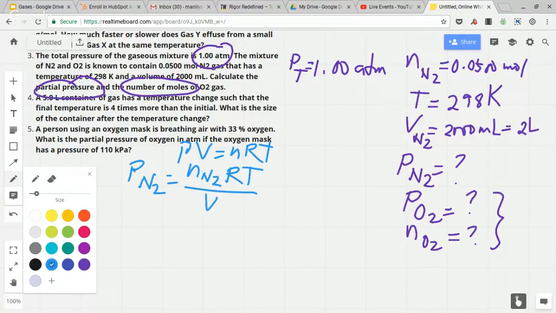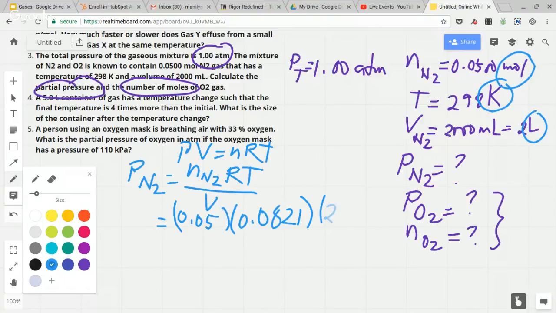So let's just substitute. Our units are okay, right? We have liters, Kelvin, mole. So we're good, we may not put the units in our substitution. So that is 0.05 times 0.0821 times the T of 298 Kelvin, over the volume of 2 liters.